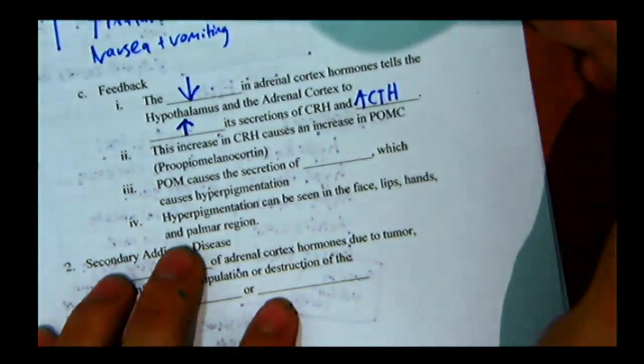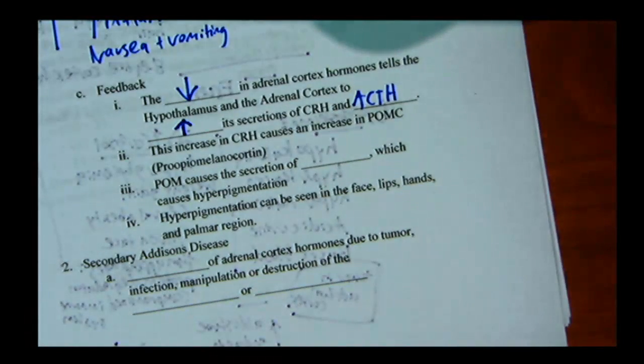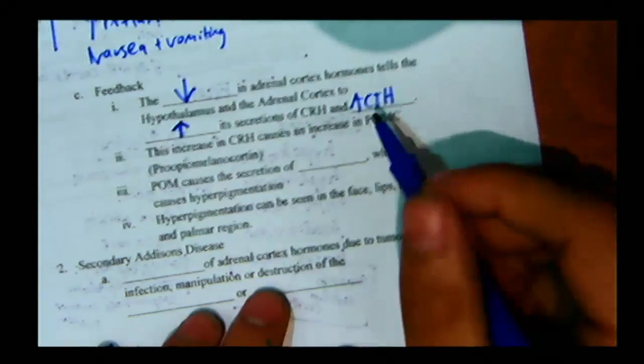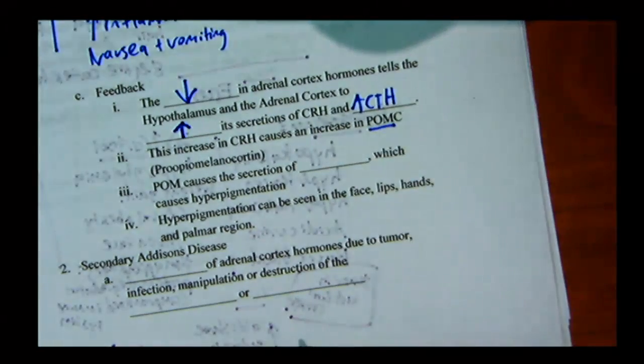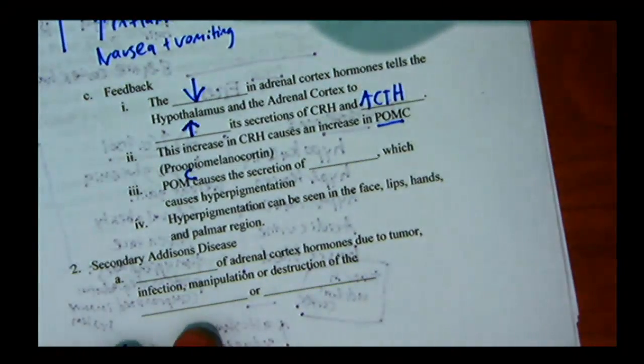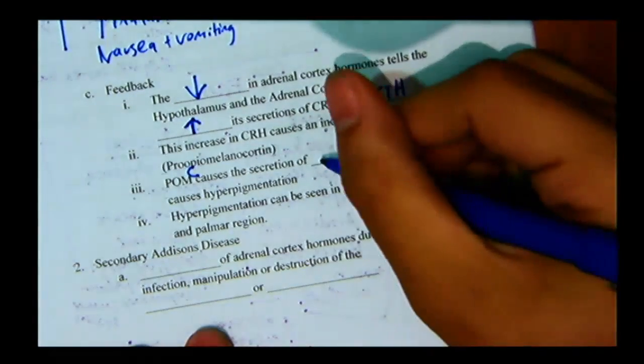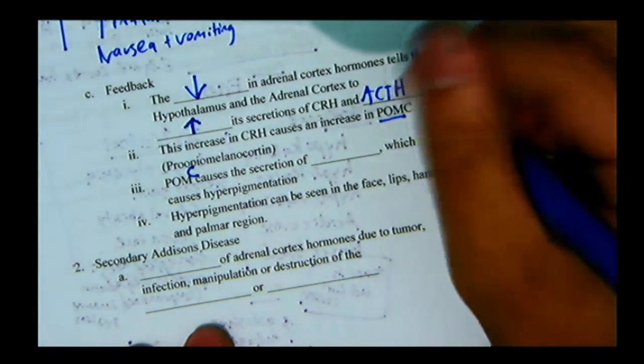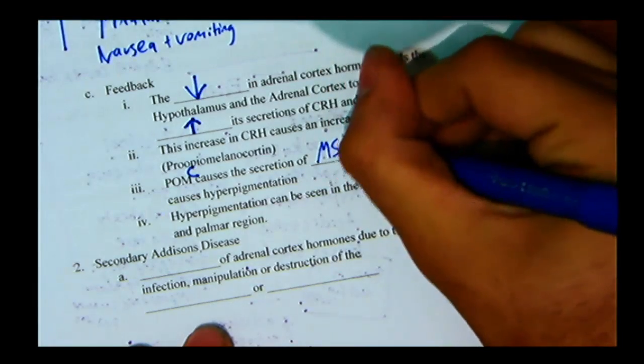So this abnormal increase in CRH causes an increase in POMC, pro-opiomelanocortin, and then POMC causes the secretion of MSH, which causes hyperpigmentation.